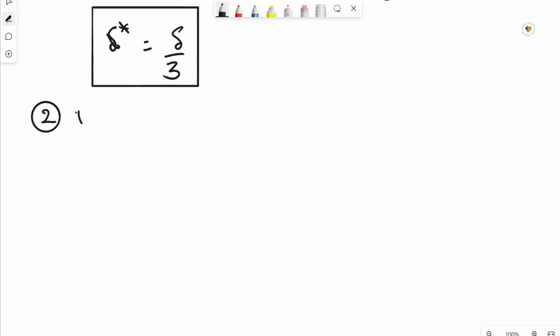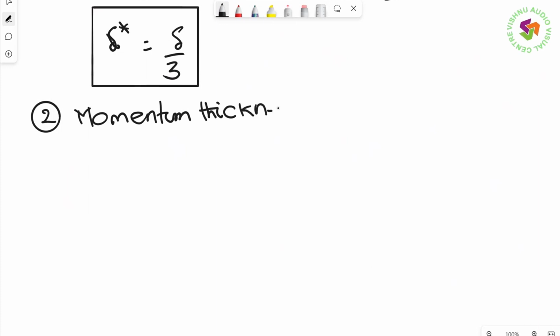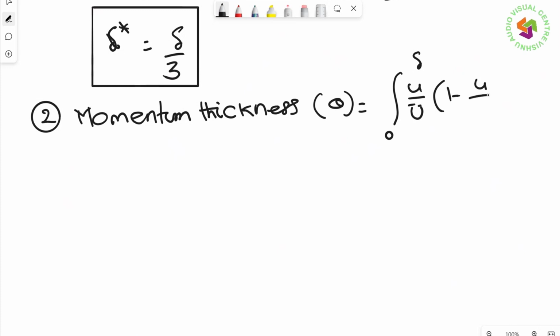The second one is momentum thickness. Theta is equal to the integral from 0 to delta of u by capital U into 1 minus small u by U dy.